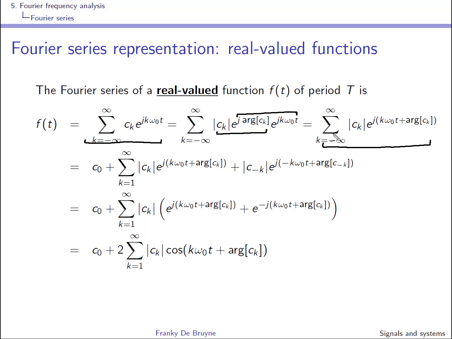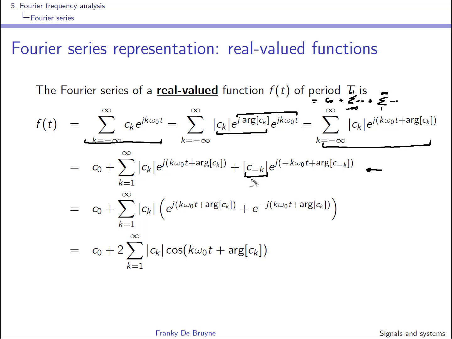Okay, and here we have a sum, so we can decompose it as C0 plus a sum that goes from -infinity to -1 plus a sum that goes from 1 to infinity. This one we can also rewrite as a sum from 1 to infinity by changing variables k to -k, and if you do that you arrive at this expression over here, right?